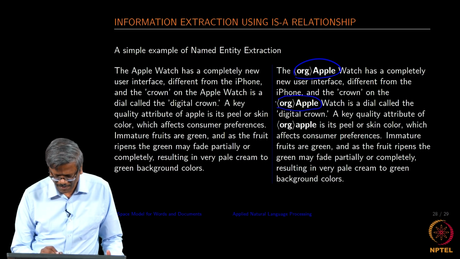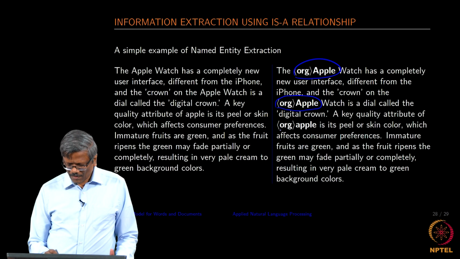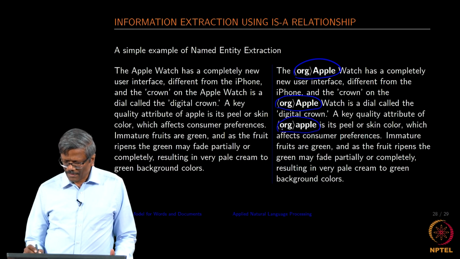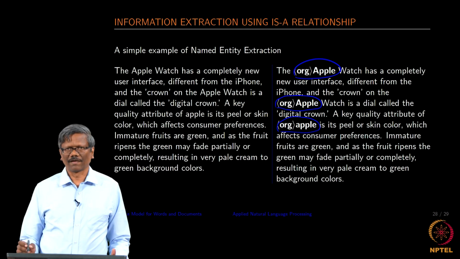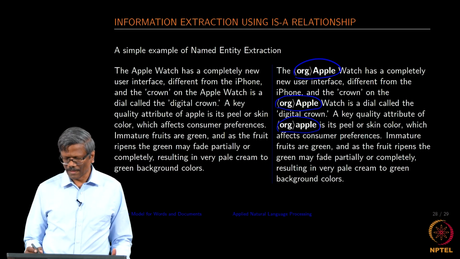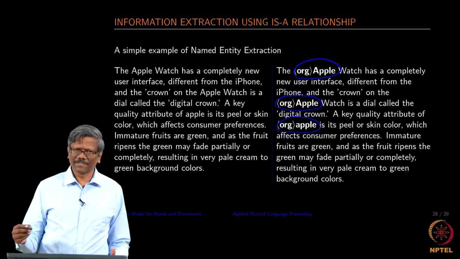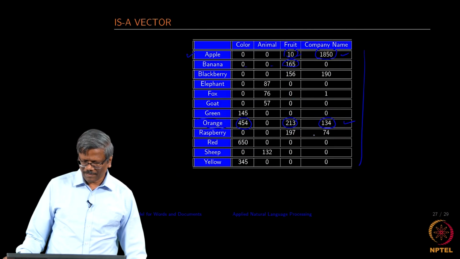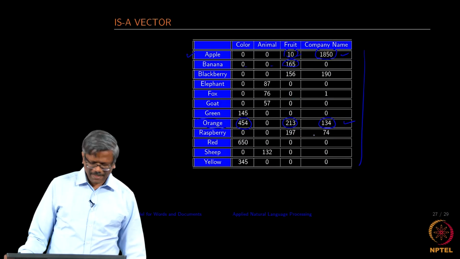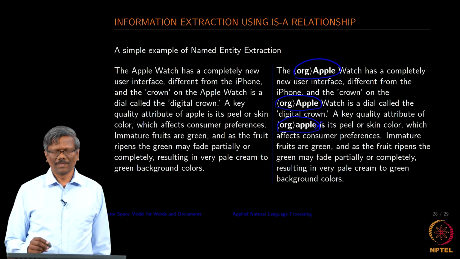And then if you look at the marking here, "a key quality attribute of Apple is its peel or skin color." Definitely we know that it is not related to the company Apple, but because the frequency of occurrence of Apple is more in that particular vector, it marked this as Apple. So, this is a wrong classification, but it is fine.